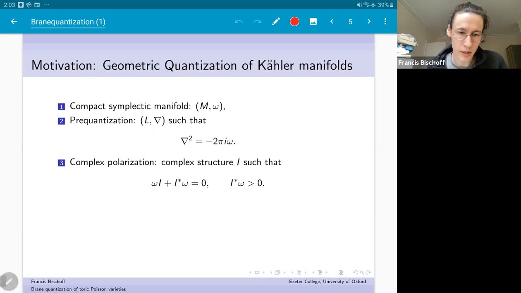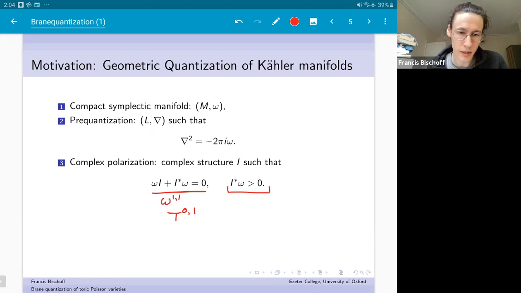That's defined to be a complex structure I, which satisfies these two things. The first equation says that the symplectic form now has type (1,1), which means that the subspace, for example, of (0,1) vectors is Lagrangian. And the second condition, which is not strictly necessary, says that I and omega define a metric, so it's positive definite.